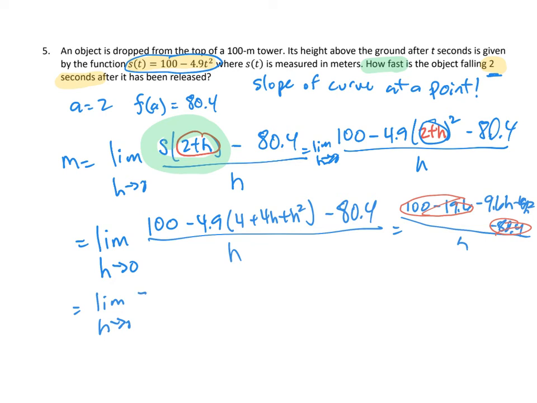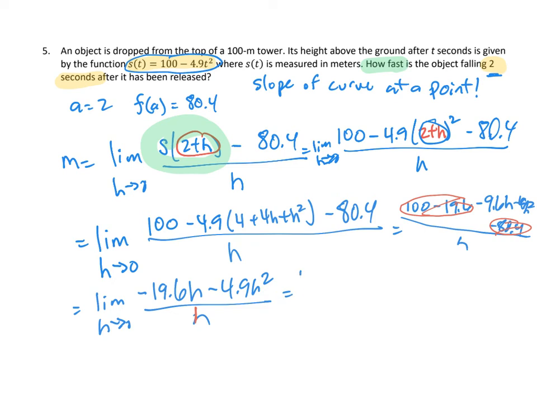I have negative 19.6h minus 4.9h squared over h. And I think you'll agree I can factor an h out.